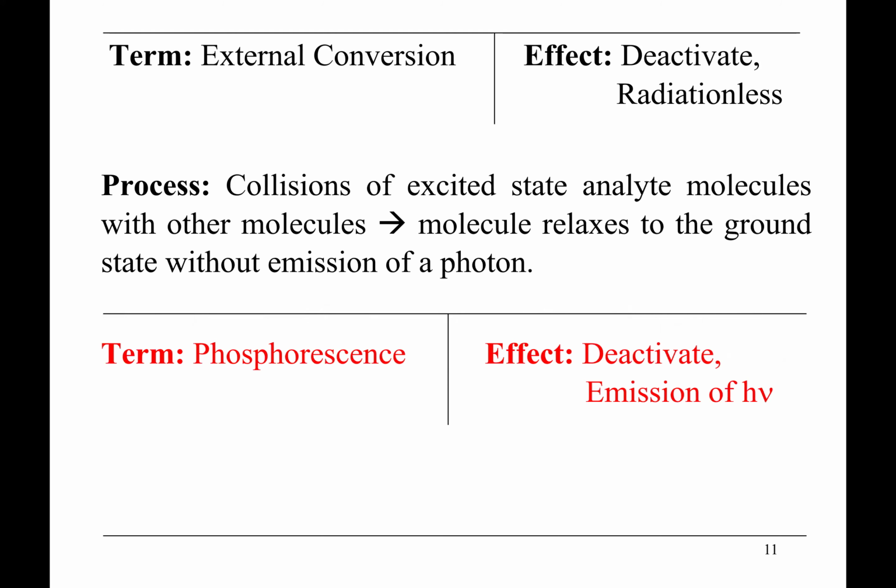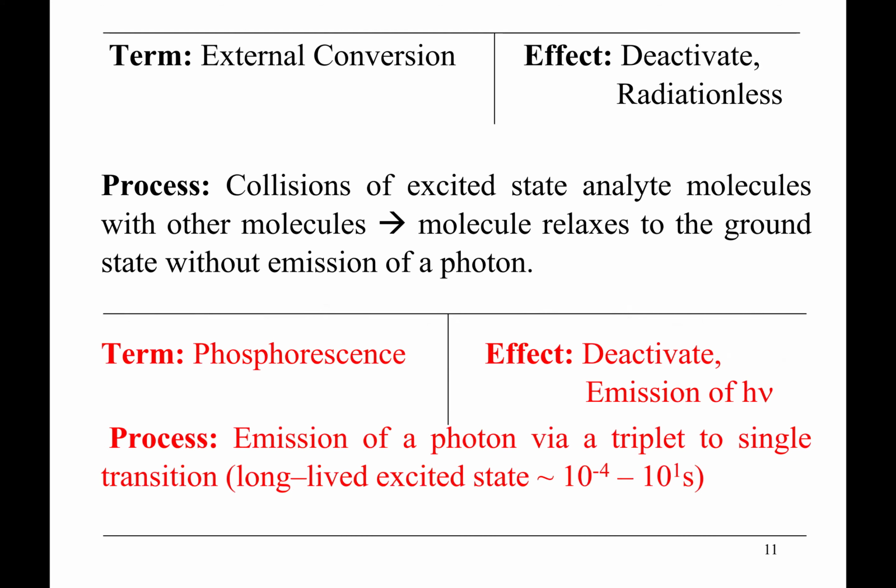But look, what is the lifetime? We all know the process. It is the emission of a photon from a triplet excited state to a singlet ground state. Because of that change in the spin state, it takes longer. Notice the timeline of phosphorescence.